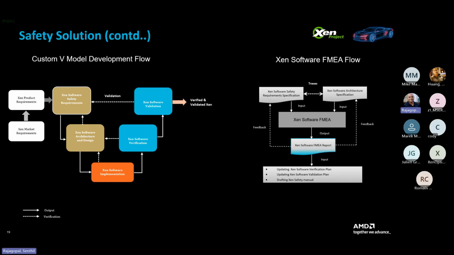We perform that software FMEA, and there will be a software FMEA report. Based on the software FMEA, you further update your verification plan or validation plan. All the software FMEA results will be compiled in the final safety manual. It's the final work product, which will be given to the system integrators and customers so that they can integrate the Xen hypervisor in their systems as per our certification criteria.